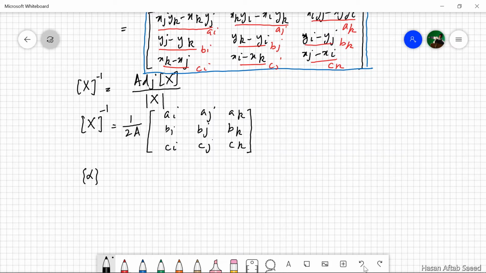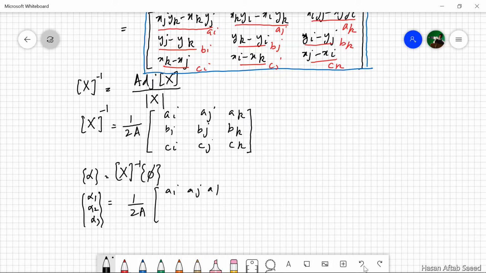That was, how it will be: alpha 1, alpha 2, alpha 3 is equal to 1 over 2a, ai, aj, ak, bi, bj, bk, ci, cj, ck into phi i, phi j, phi k.